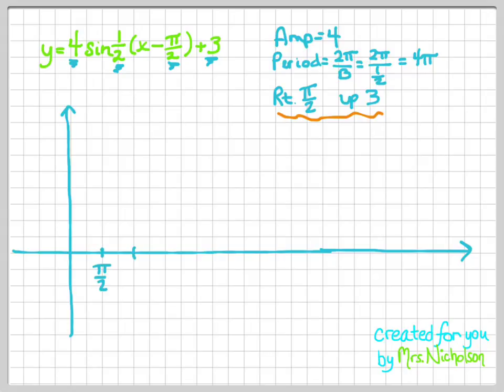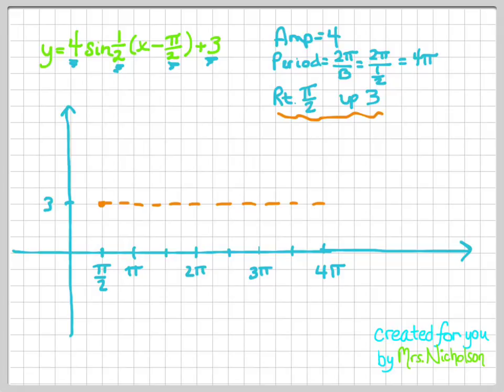I'm going to let that be pi over 2, pi, so this would be 2 pi, 3 pi, and 4 pi. And let's see, right pi over 2 and up 3. So that's going to be right here. So that means that the midline of my window pane is going to start right here at this point. I went right pi over 2 and up 3. That's the beginning of the midline of my window pane.